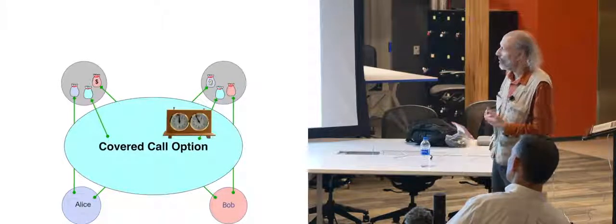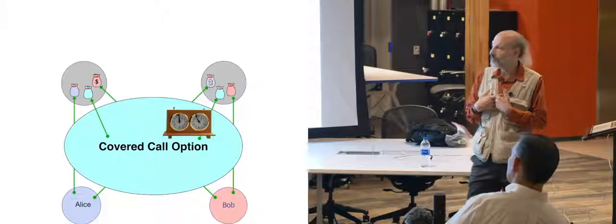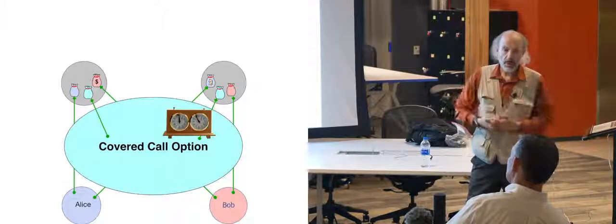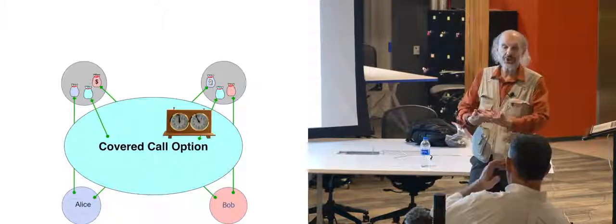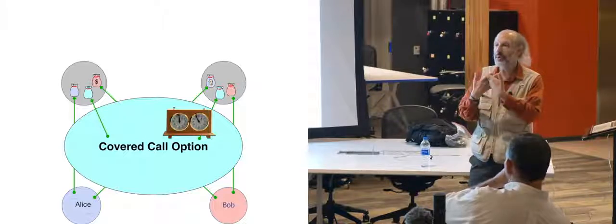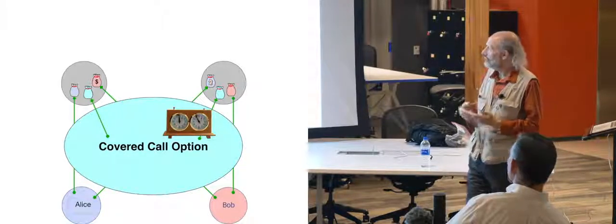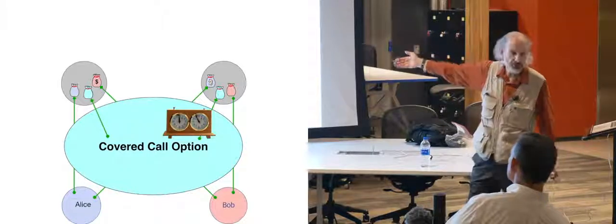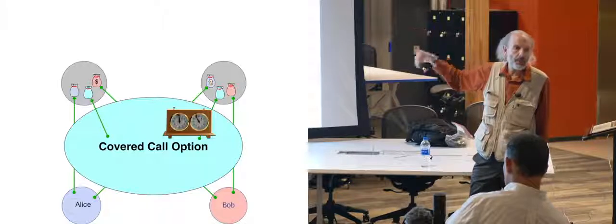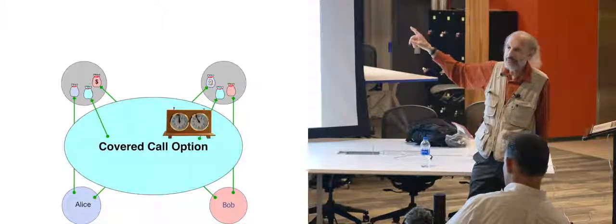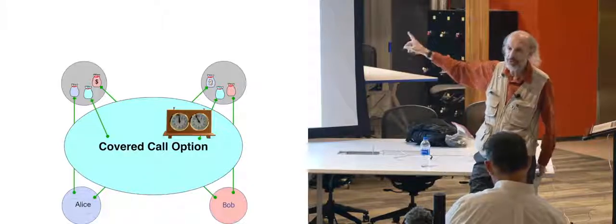Another example is a covered call option. Let's say that Bob offers Alice, well, I'm going to hold the ticket in reserve for you. You can buy it any time within the next week. This is very much like an escrow exchange, except that Bob's tickets are pre-escrowed, and Bob has lost the ability to cancel before the deadline.